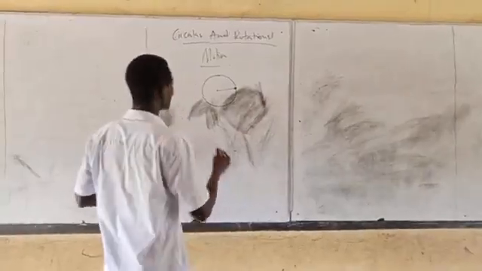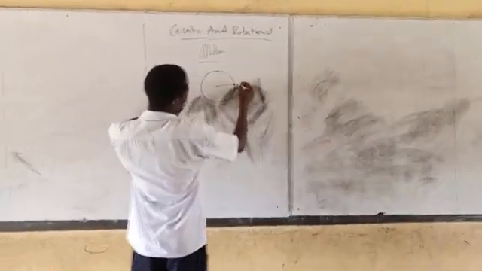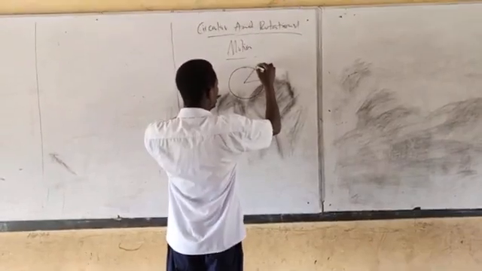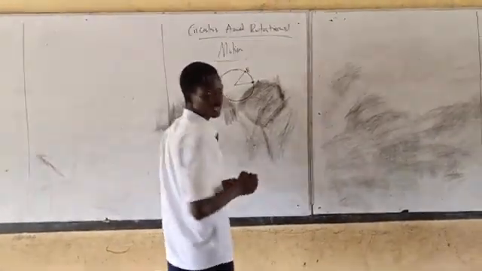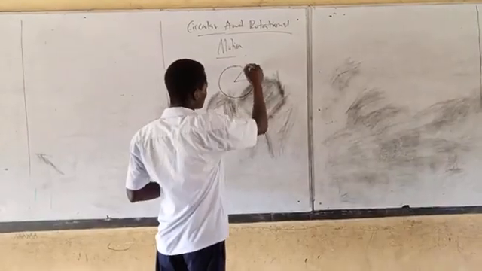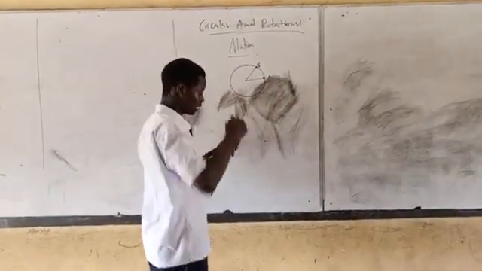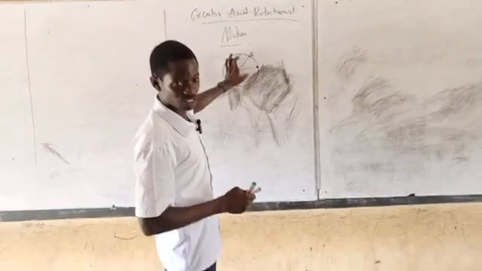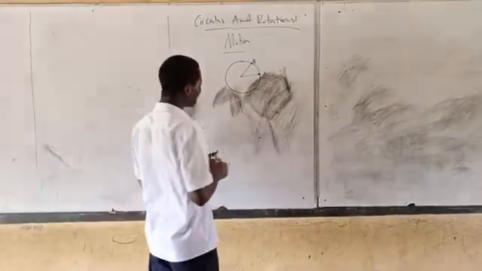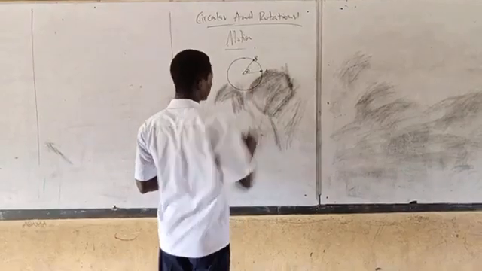Now let us assume that the stone is wheeled from position A to another position B. In this case, what do you observe? You observe clearly that it has occupied a certain displacement, which is an angular displacement. Now it is making an angle of theta.